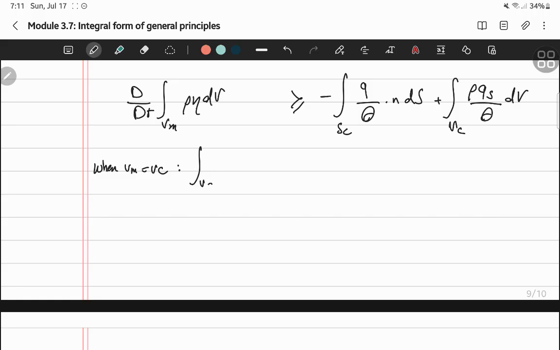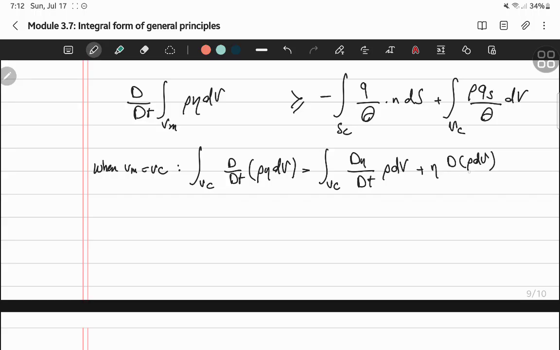So we have the material derivative of the integral of rho eta dv, which is the integral over Vc of d eta/dt rho dv plus eta d(rho dv)/dt.